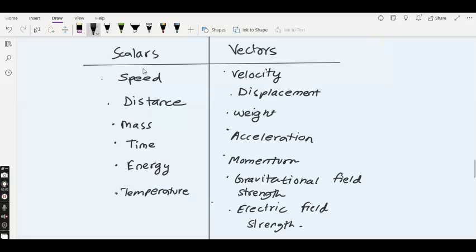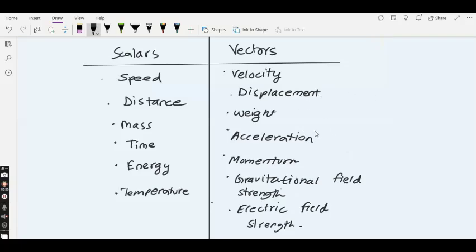So speed, distance, mass, time, energy and temperature are all scalar quantities, because they have no direction, they only have a magnitude. While vector quantities include velocity, displacement, weight, acceleration, momentum, gravitational field strength and electric field strength. That is because all of these vector quantities have both a magnitude and a direction.